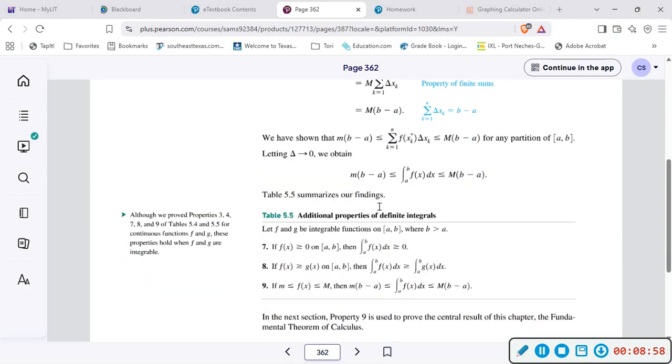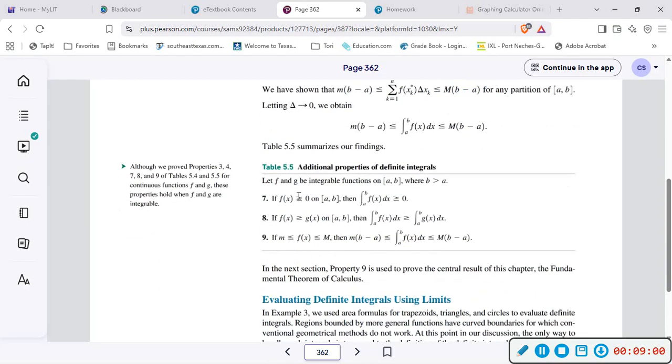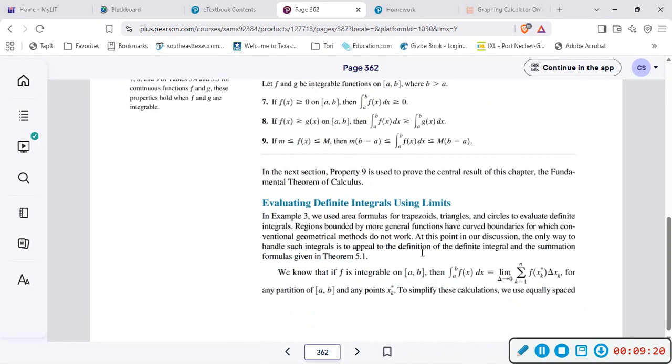And then again, some additional properties when bounding the integral. So if f is greater than 0 from a to b, then the integral is greater than 0. We can say this function is greater than some other function, and the integral will be greater than that. And if one function is less than the other, then when we integrate it, that integral will be less than the other, based on bounds.